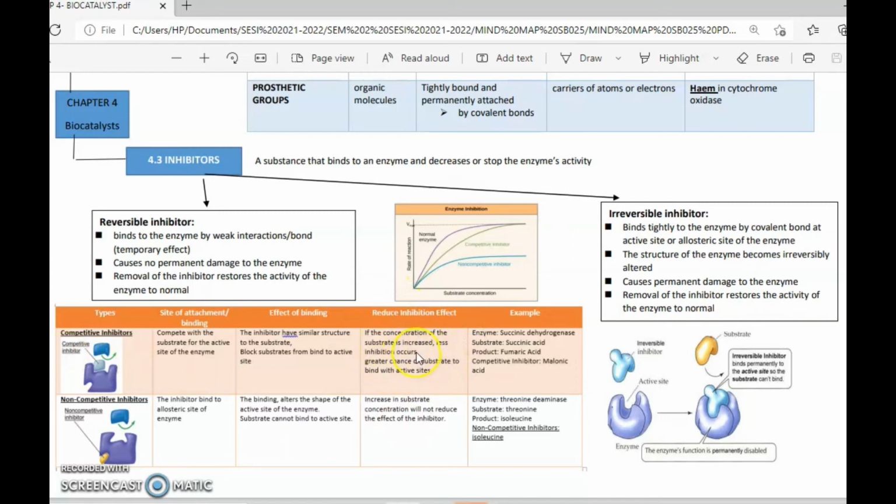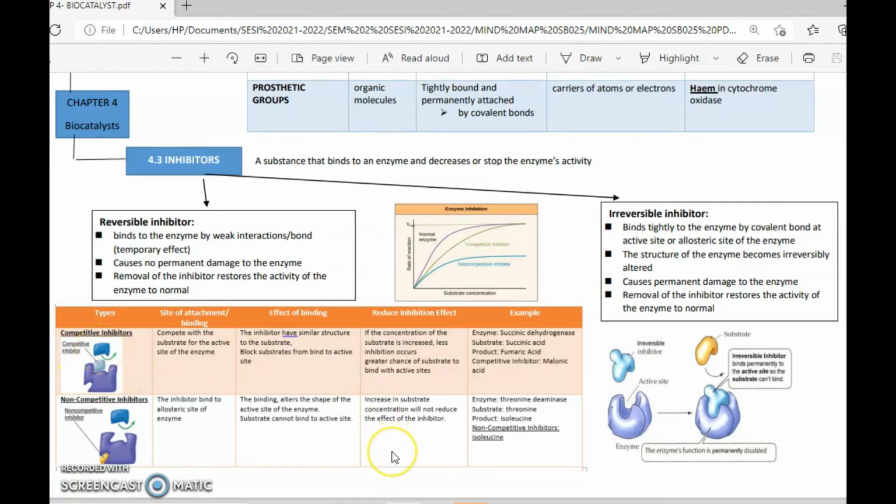Next, the inhibition effect can be reduced for a competitive inhibitor by increasing the substrate concentration, because with high substrate concentration there is a higher chance of the substrate binding to the active site compared to the inhibitor.